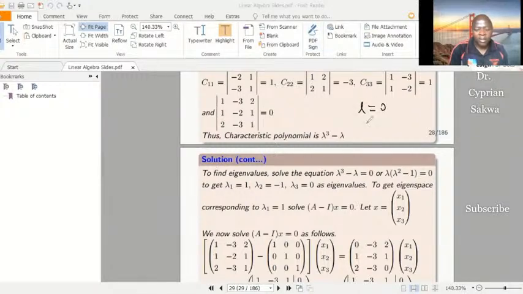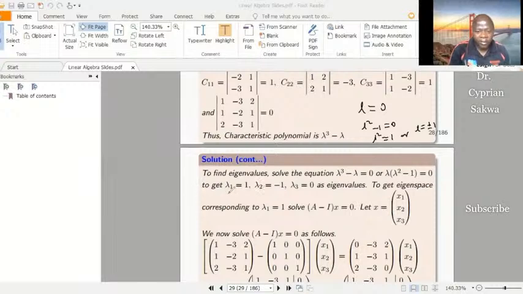You can call it the first eigenvalue. And this other one is lambda squared minus 1 equals to 0. So when I take 1 to the other side, you have lambda squared equals to 1, or you can get the square root and find that lambda is equal to plus or minus 1. So those are the eigenvalues.